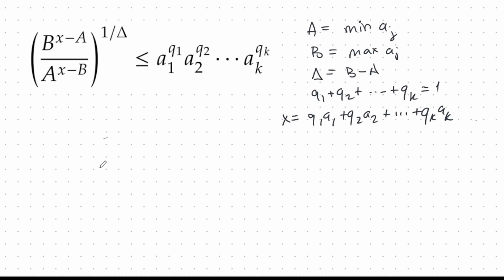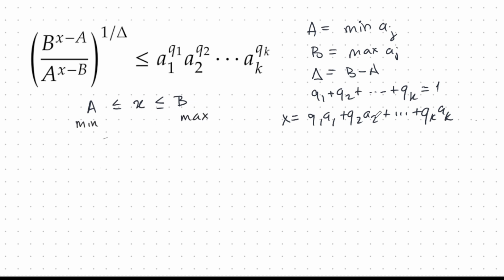Well, this has been a really interesting exploration, and it resulted in this beautiful inequality, but I think we can do a bit more. First of all, let's notice that X has to be in between A and B, because A is the minimum and B is the maximum.